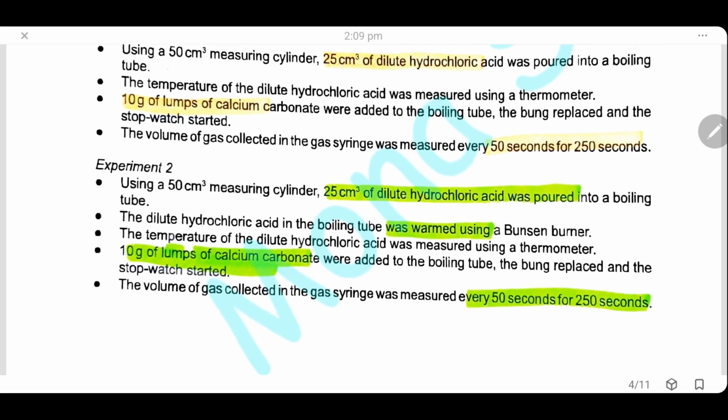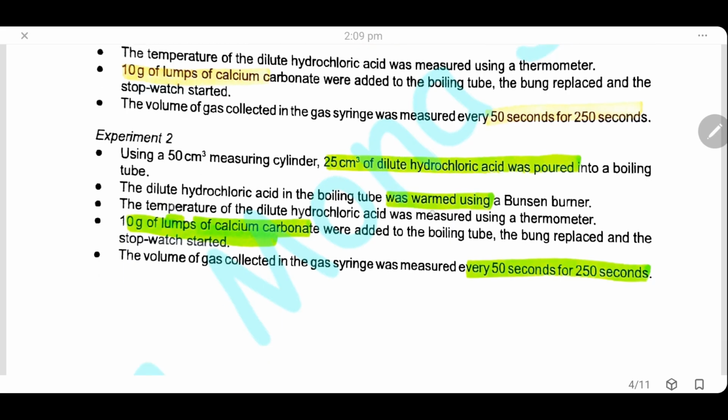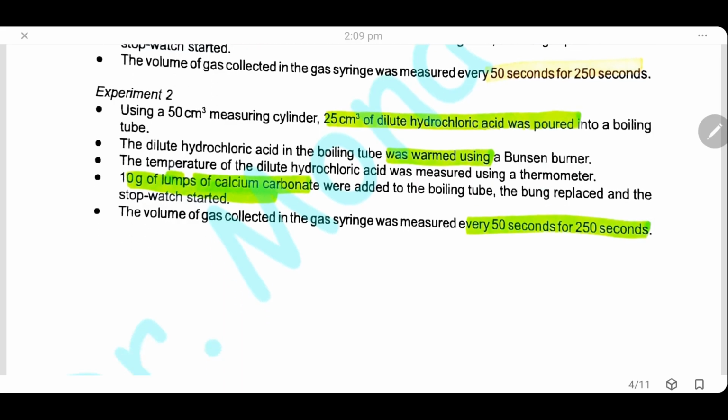In experiment 2, we are using the same volume of dilute hydrochloric acid and then we warm it using a Bunsen burner. The temperature of the dilute hydrochloric acid is measured with a thermometer, the same mass of calcium carbonate was added to the boiling tube, and the volume of gas collected again every 50 seconds for 250 seconds.